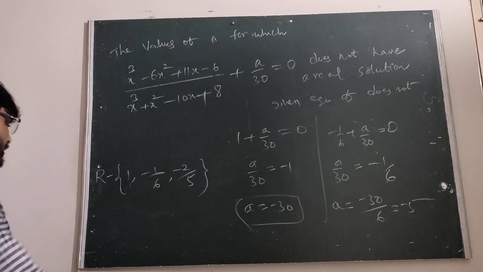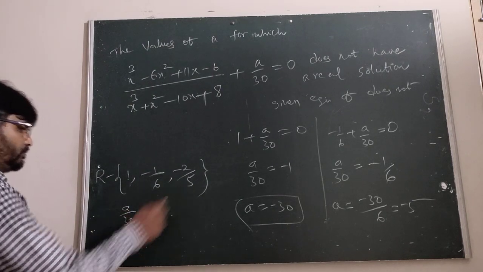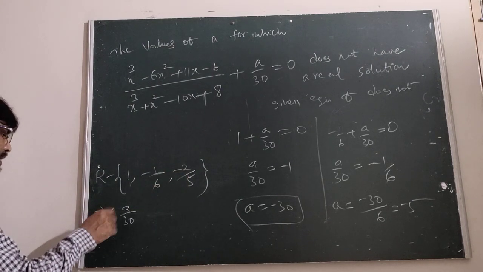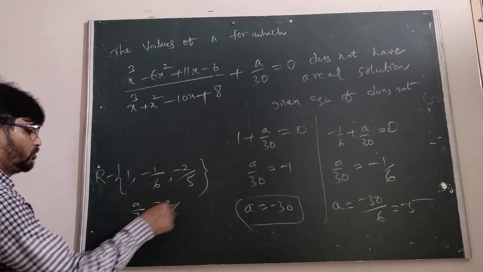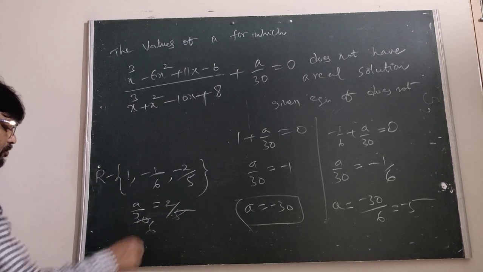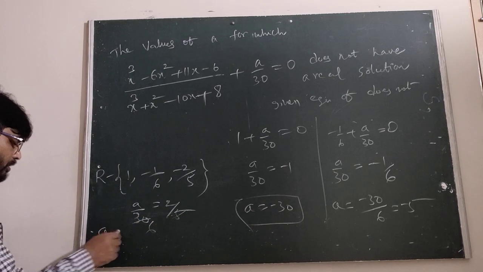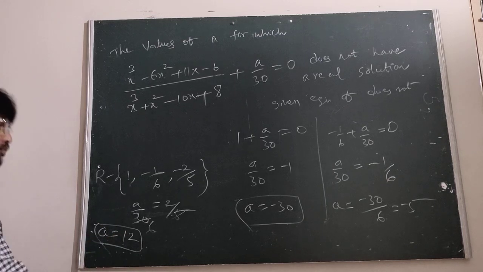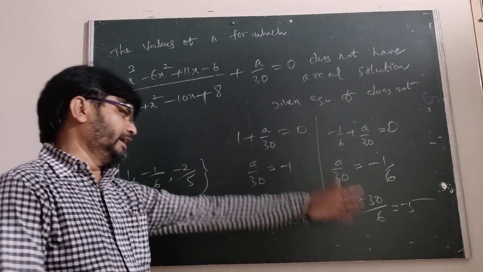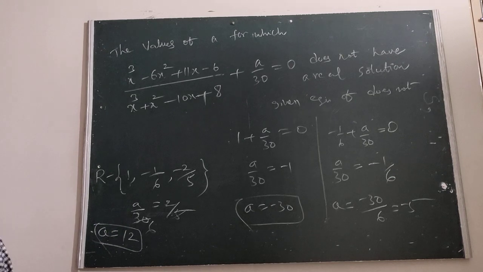Now if we take a by 30 equal to minus of minus 2 by 5, then a by 30 equals 2 by 5, so a equals 6 into 2, which is 12. Therefore a is minus 30, a is minus 5, and a is 12.